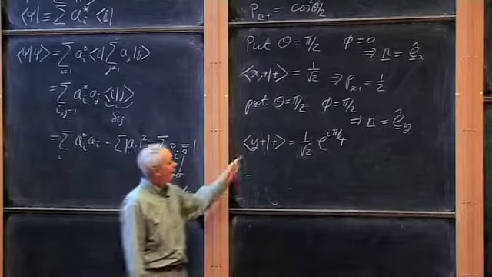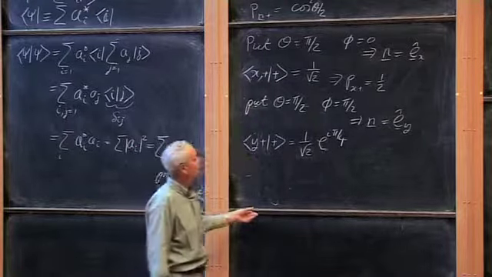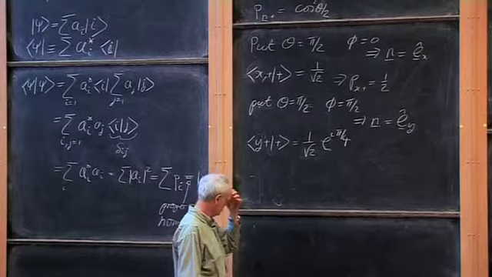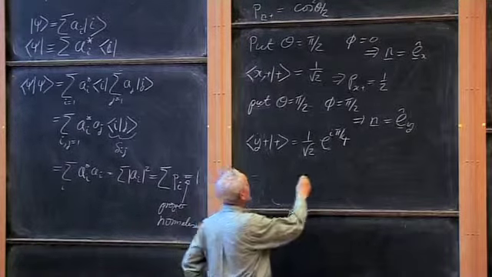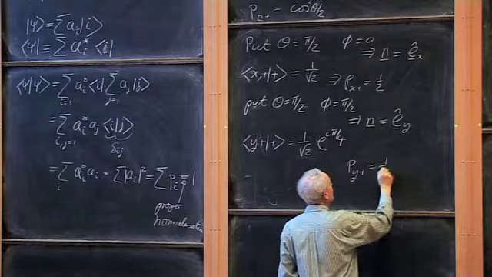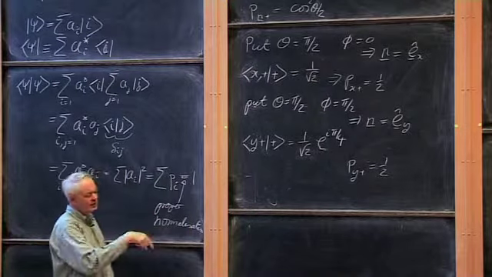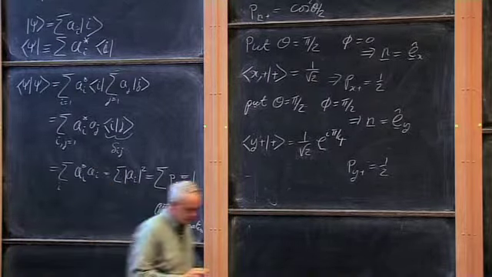So the amplitude is now genuinely a complex number, whereas in the x case it was a real number. But the probability for getting plus on y is still a half. It's the same as it is on x, which again has to be the case by symmetry if you think about it.